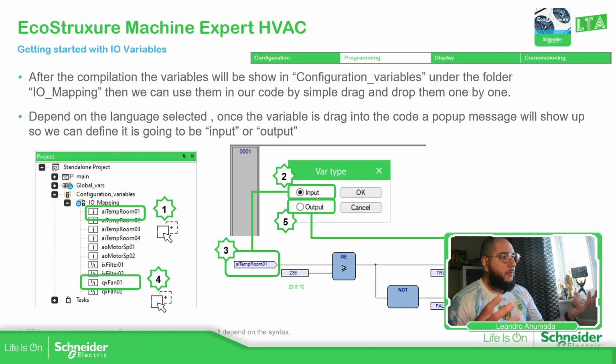Depending on the language that we are using inside the software, you have additional things to do. For example, if you're just using structured text, you just drag and drop the variable and it's ready to use. If you're using, for example, FBD, function block diagram, then you will need to define if the variable is going to be input or output.